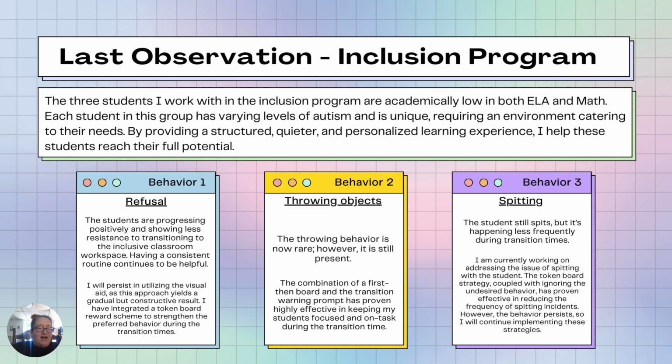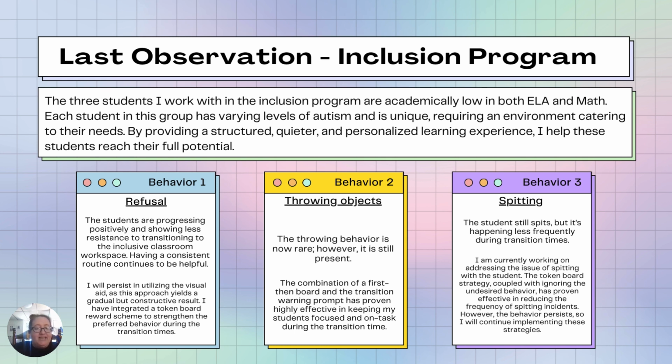I keep utilizing the visual aids as it has been a tremendous help. And I have integrated the token board reward scheme to strengthen desired behavior times, and they can get that reward from my prize box.